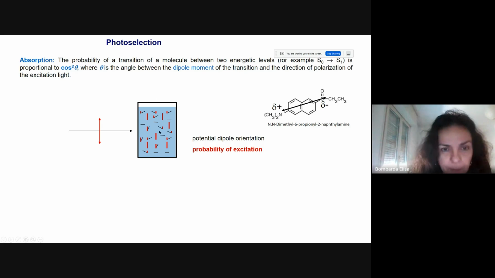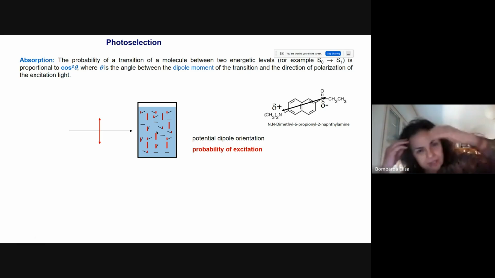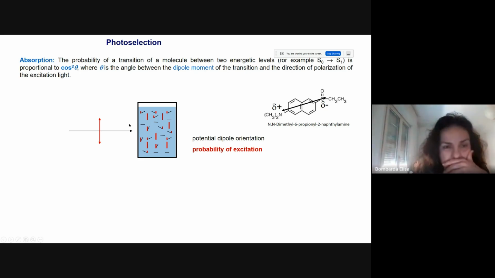So what is represented here practically? In black, you have all the molecules with their dipoles oriented in different ways. This is the polarization of the excitation light. And the red bar is the probability of excitation.